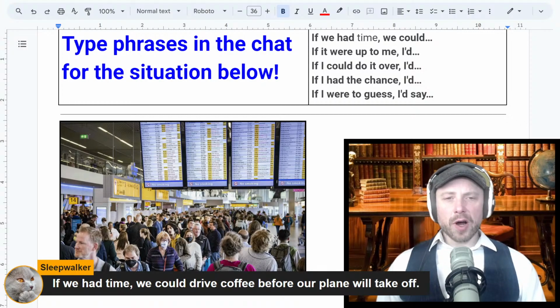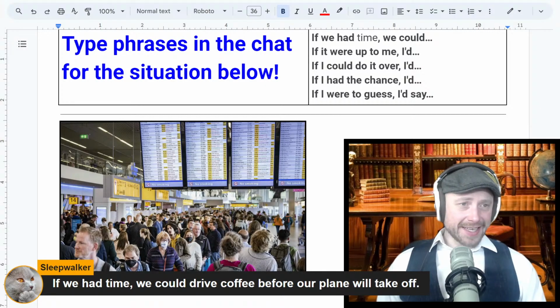Just the before our plane will take off. That would be better as present simple, before our plane takes off.